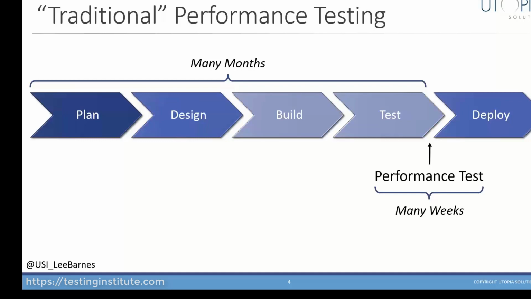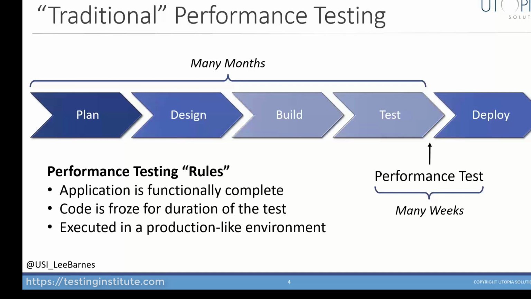But along with that, we often had to enforce very strict rules. For example, if you want us to test your app, you need to pay attention to the following. Your app must be functionally complete, because if you can't prove that it works with at least a single user environment, how in the world can I test it under a multi-user load?